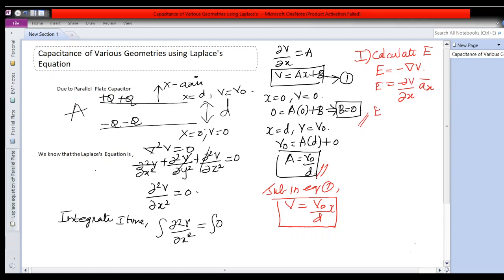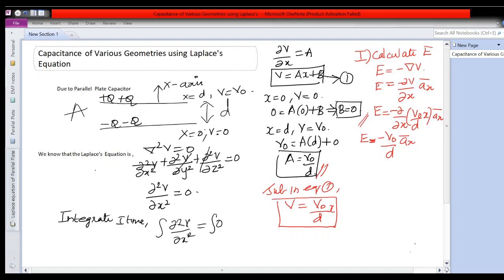So E is equal to minus dou by dou x into V naught by d into x Ax vector. So V naught and d are constant, so E will be equal to minus V naught by d into Ax vector, and differentiation of x is equal to 1.